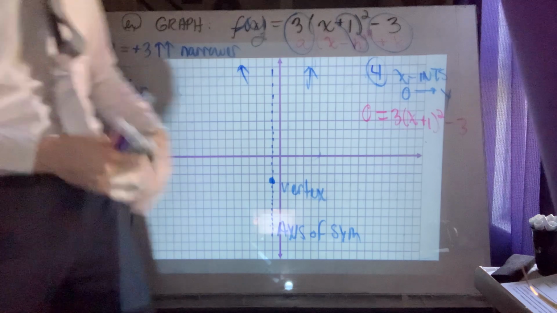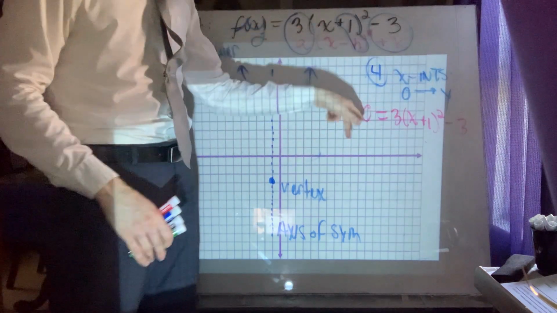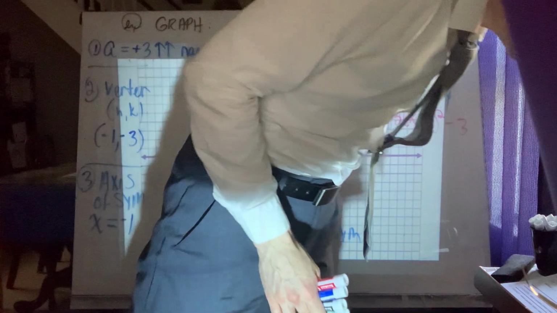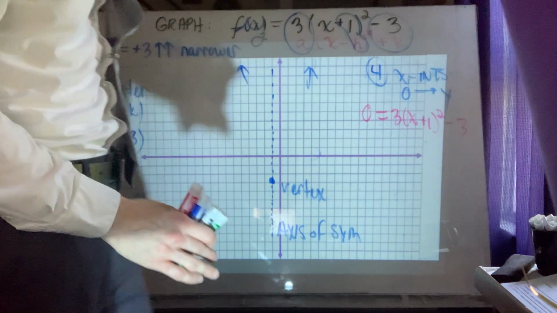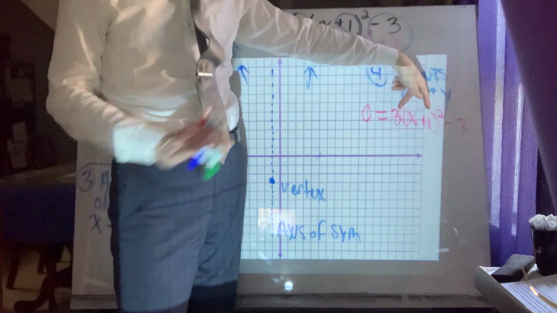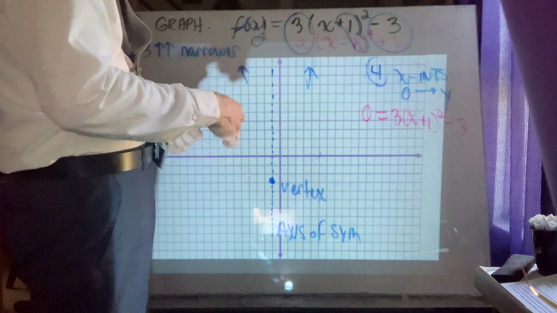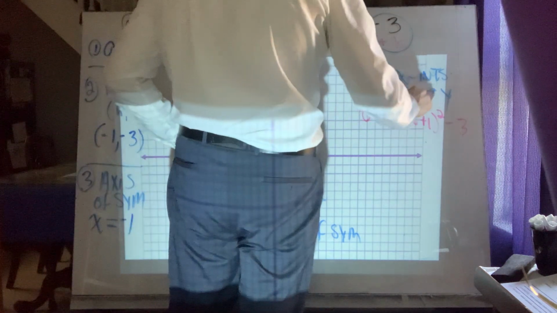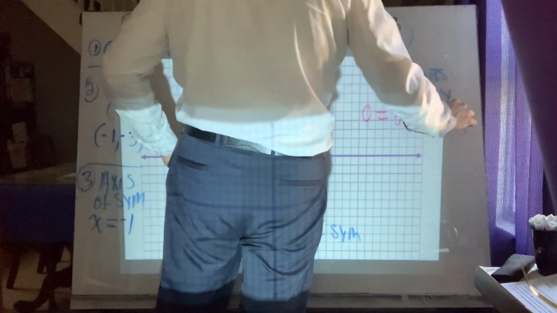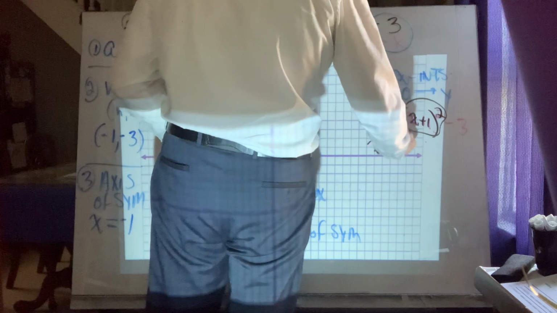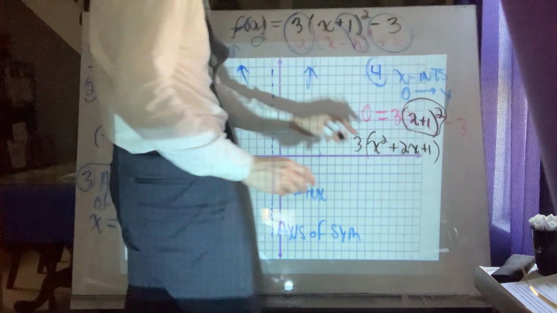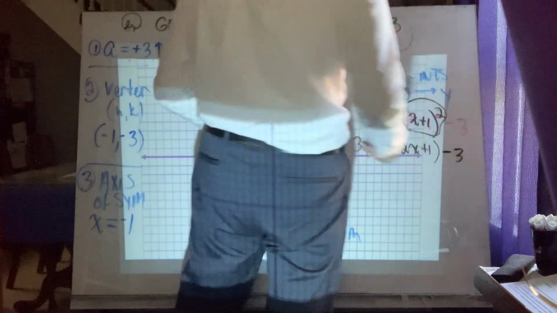You can clean up one side and then rearrange things to solve for x. When you have x plus 1 being squared, you end up with the perfect square trinomial model, so straightening up x plus 1 squared gives you x squared plus 2x plus 1, still inside the parentheses because there's a 3 to distribute out here and a minus 3 here.